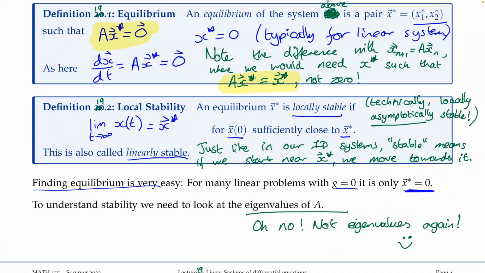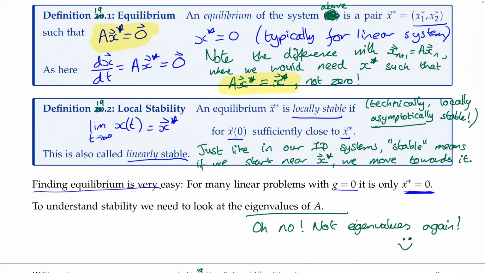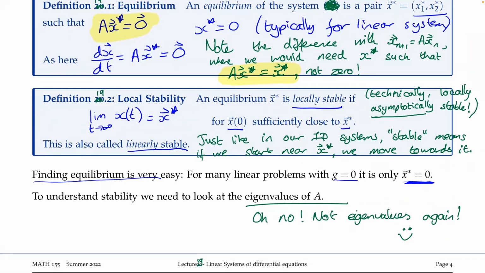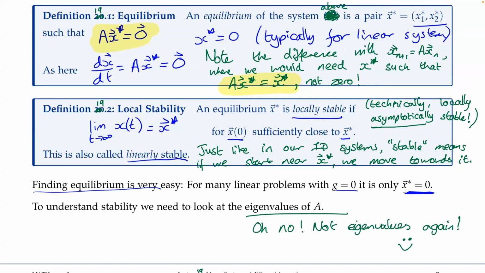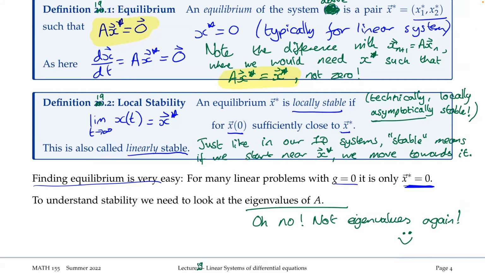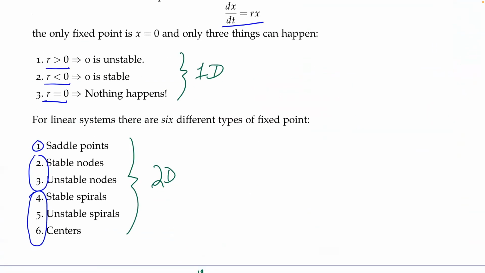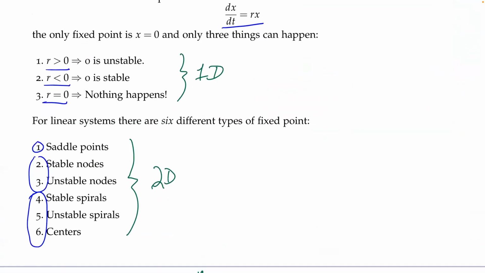We can also talk about stability. So we talked about stability in 1 dimension on Monday. Essentially, things that move towards our equilibrium mean that equilibrium is locally stable. If we move away, then we're unstable. But we have things being a little bit more complicated when we're in 2 dimensions. When we're in 1 dimension, we just had unstable or stable or nothing happens.